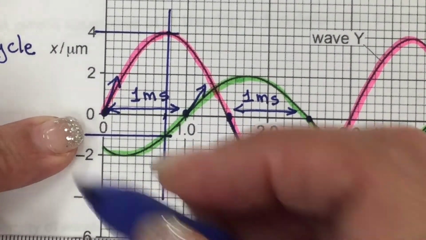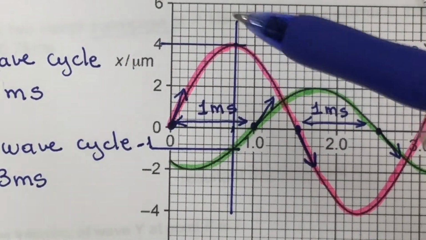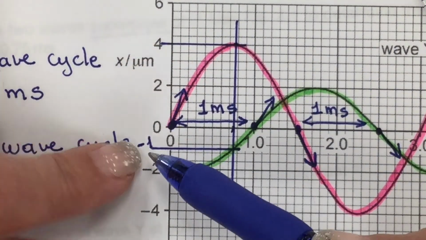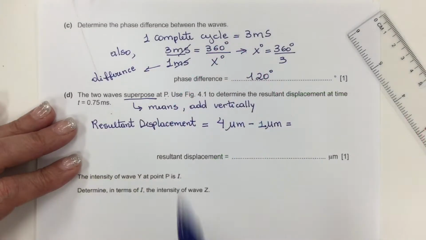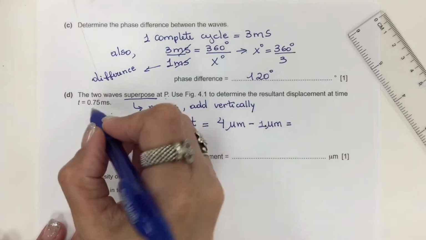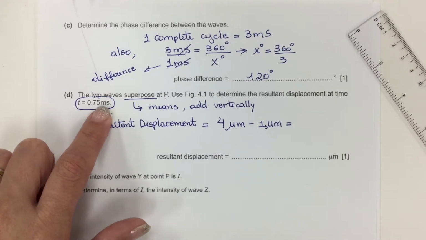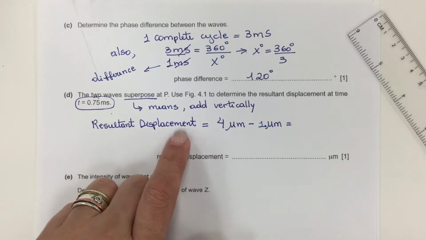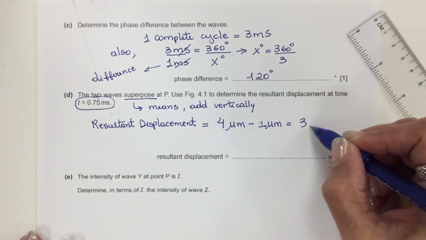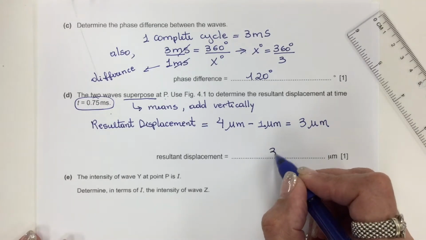So assume this is -1. It's asking the resultant displacement, so it should be 4 micrometers minus 1 micrometer. Superpose means we need to add vertically, at the time corresponding to 0.75 milliseconds. So the resultant displacement is 3 micrometers. Here the answer is already with the units, so just write 3.